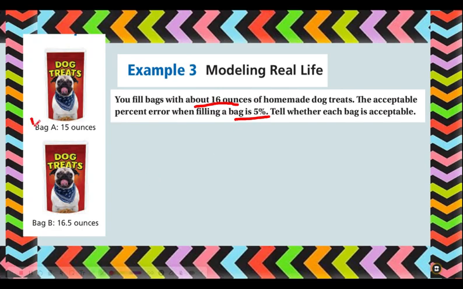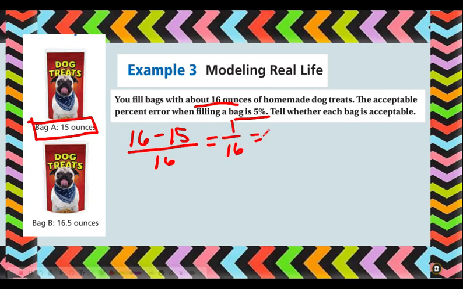So let's look at bag A, which is 15 ounces when you actually measured it. So 16 minus 15 over the original, which is 16. So 1/16. Pause the video, divide it out. My decimal, I got 0.0625.